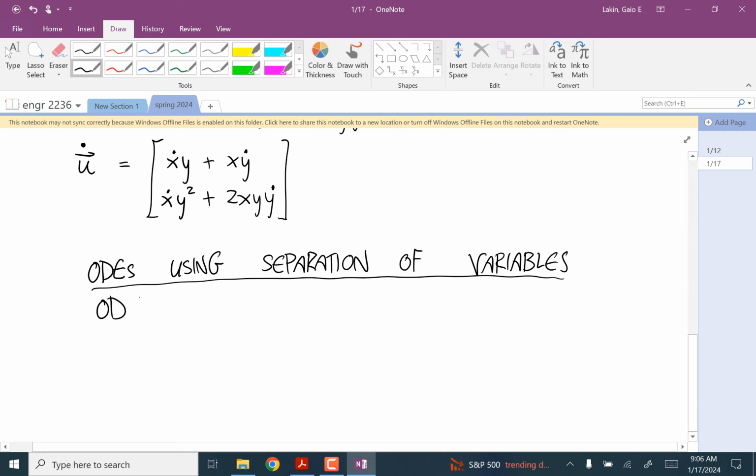An ordinary differential equation is one where there is only one independent variable.